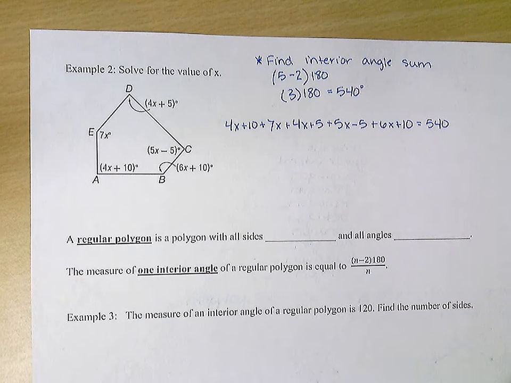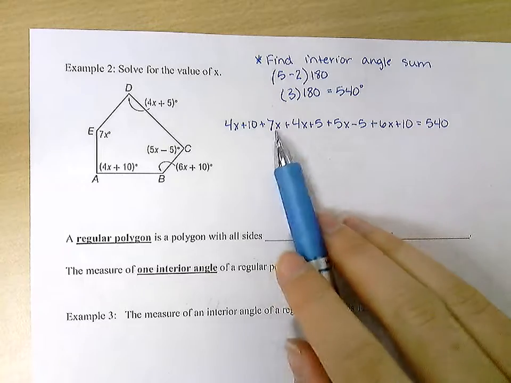Not 360, not 180. In this case, it is 540. Okay, if it was a triangle, it'd be 180. It's not a triangle.